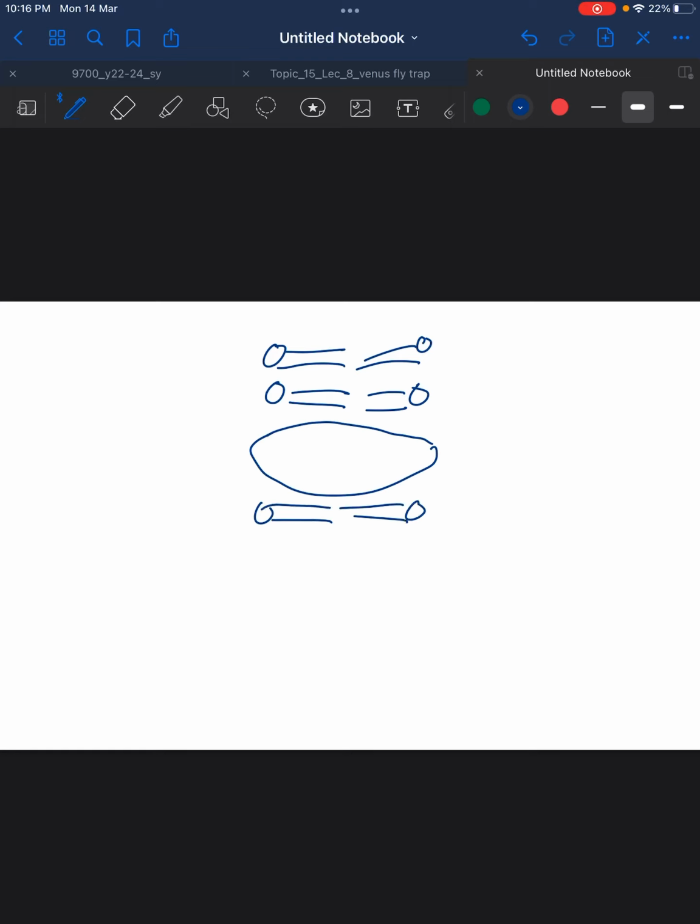cell membrane, this is a proton pump. Okay, this is cytoplasm.